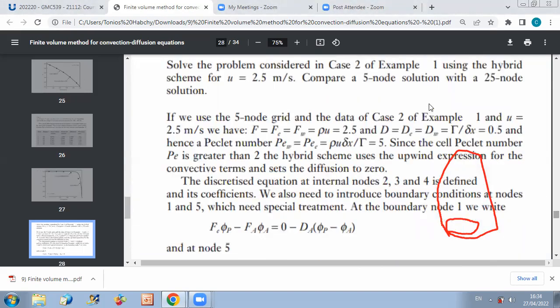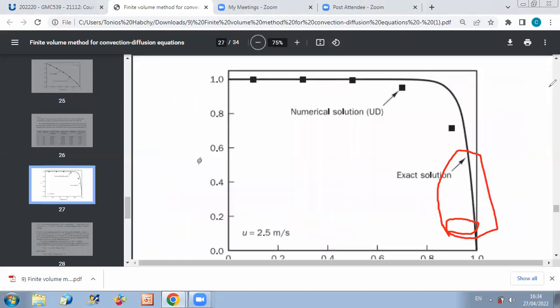So now, if you solve this problem with 25 nodes, okay, but they want you to use the hybrid scheme, you will use the hybrid scheme. So if you want a small Peclet number, you use central scheme, and when you have high Peclet number, you use the upwind scheme. Okay.